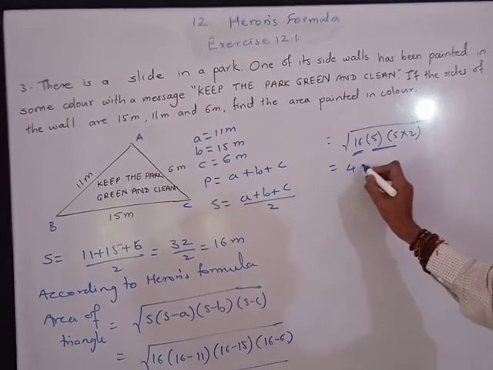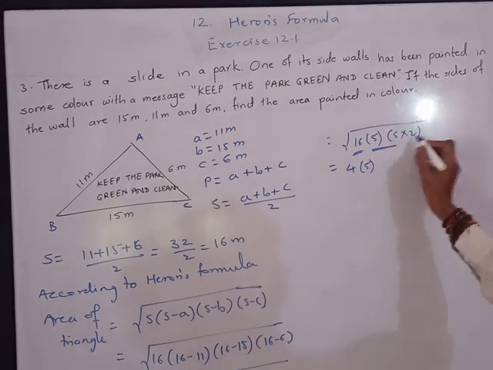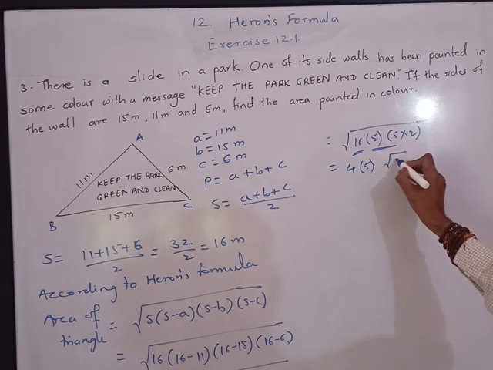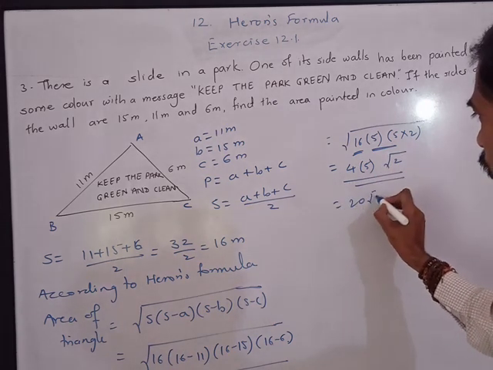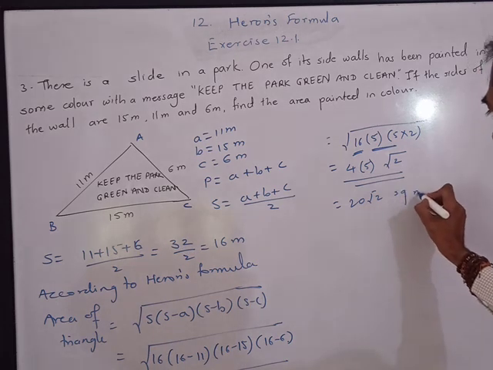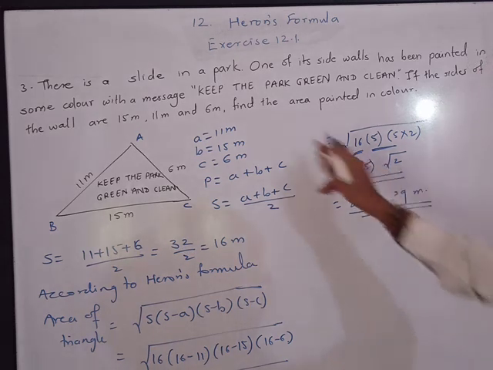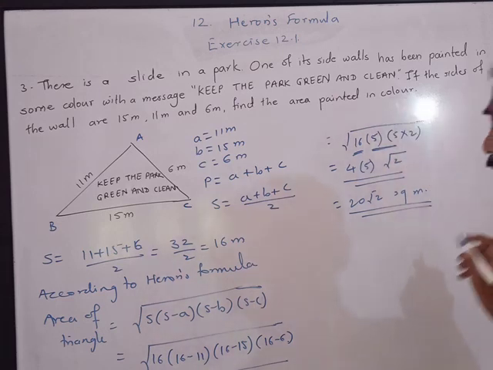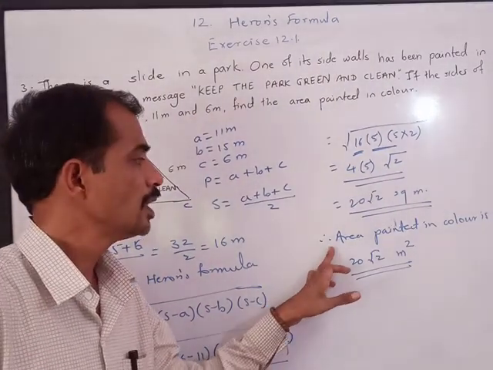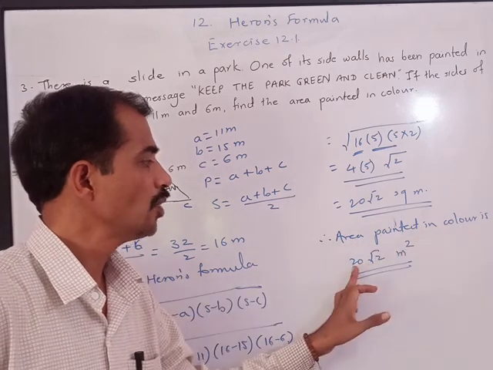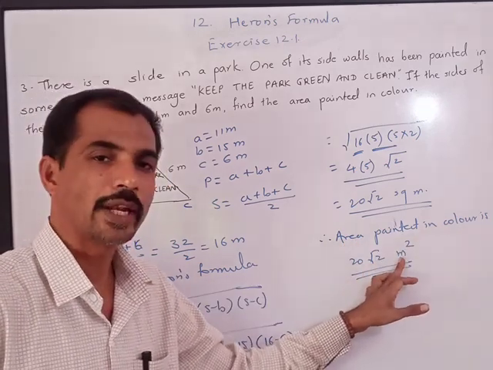Among the two 5s, one comes out as 5. 2 is only one, so it will remain inside the root. So the answer is 20 root 2 square meters. So this much is the area. Thus area painted in the color is 20 root 2 meter square.